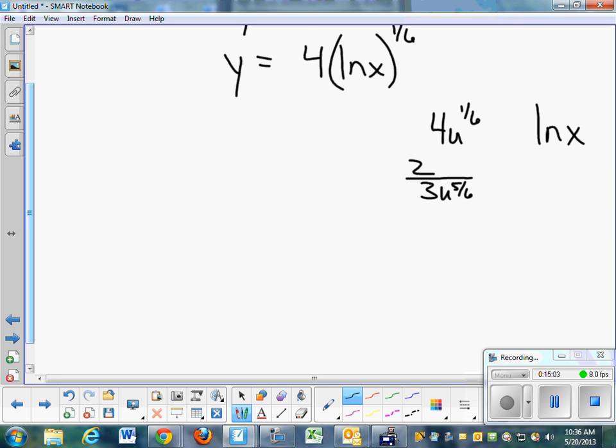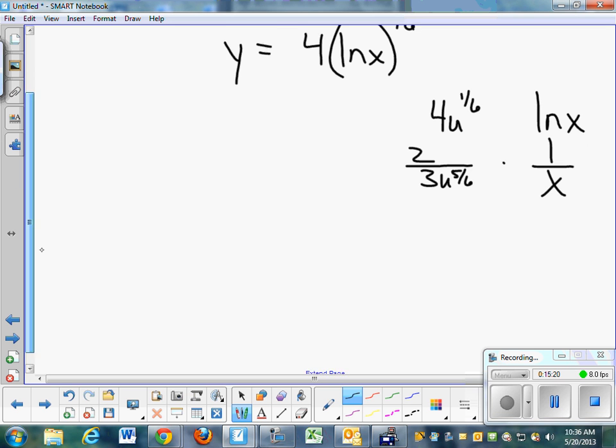So 4 times 1/6 is going to be 2/3. U to the 5/6 in the denominator as we subtract 1. Yeah? Okay, what's the derivative of natural log of x? 1 over x. And now we're going to multiply those together.